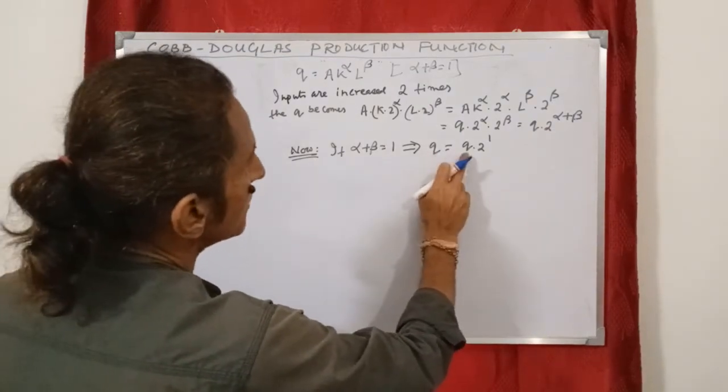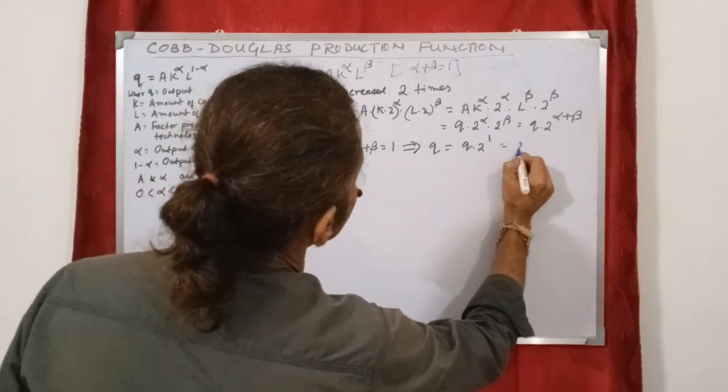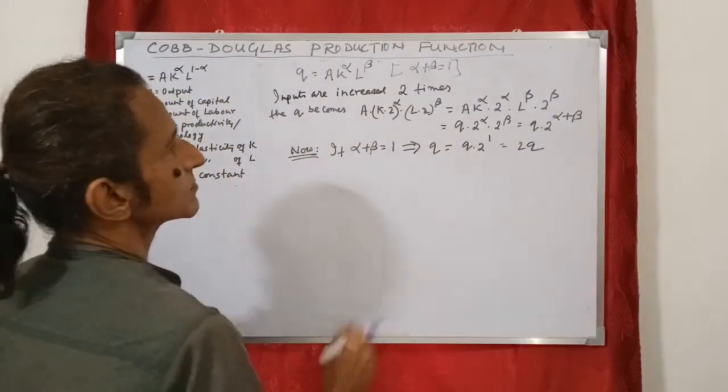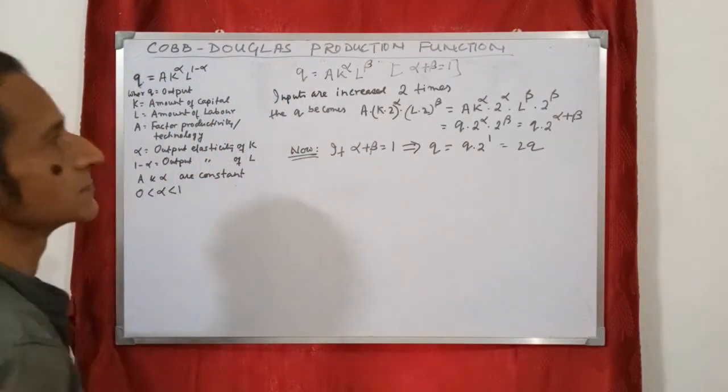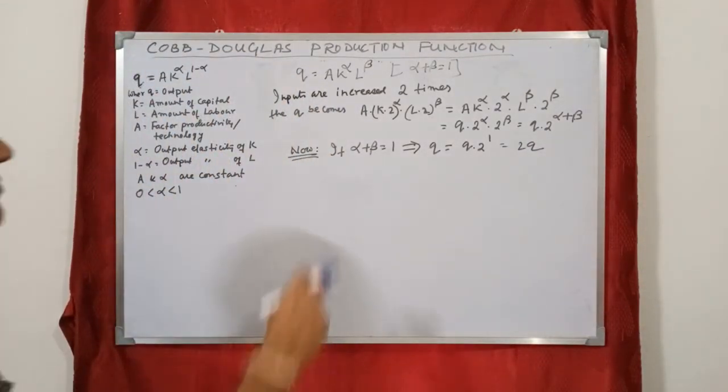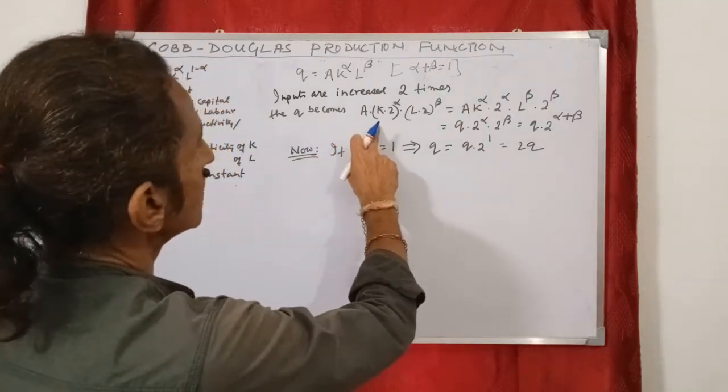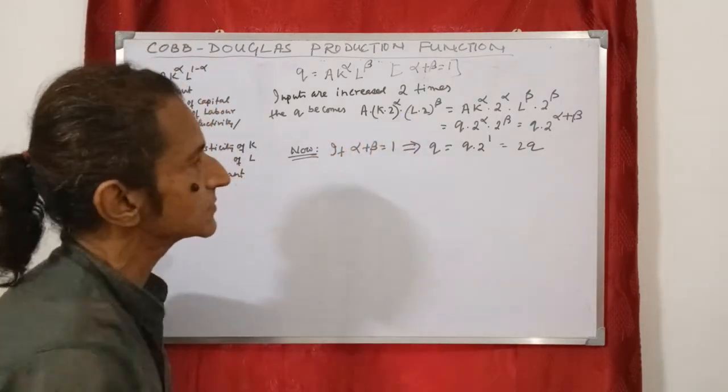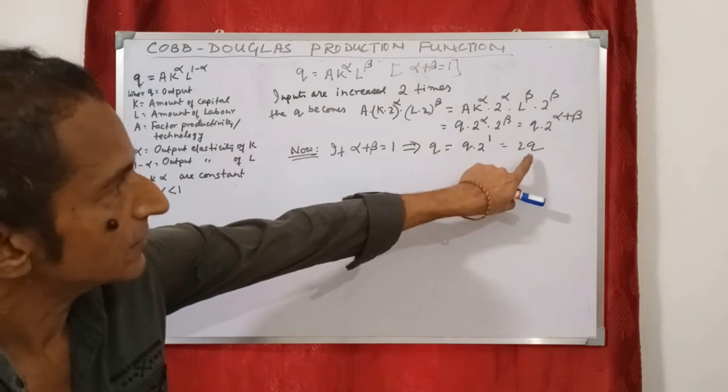So Q becomes Q into 2 to the power 1, that is 2Q. This means when inputs are increased 2 times, output is increasing by 2 times.